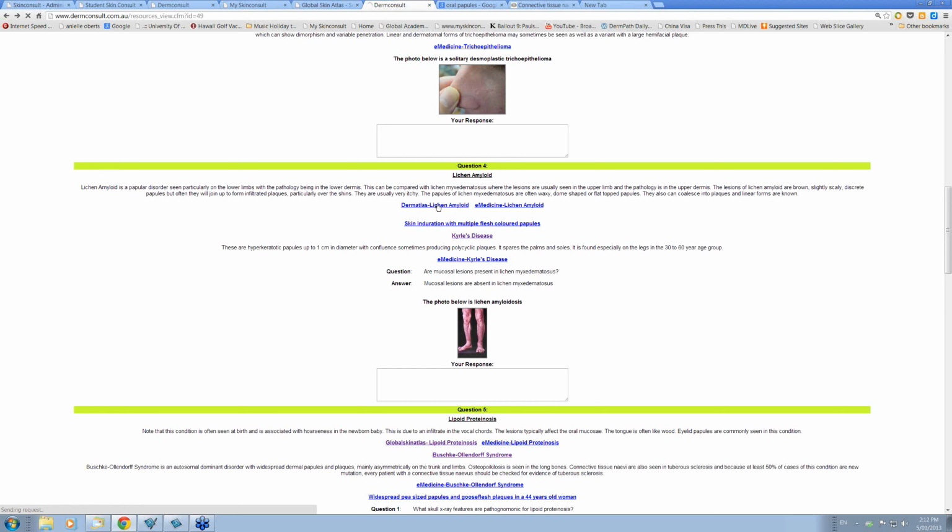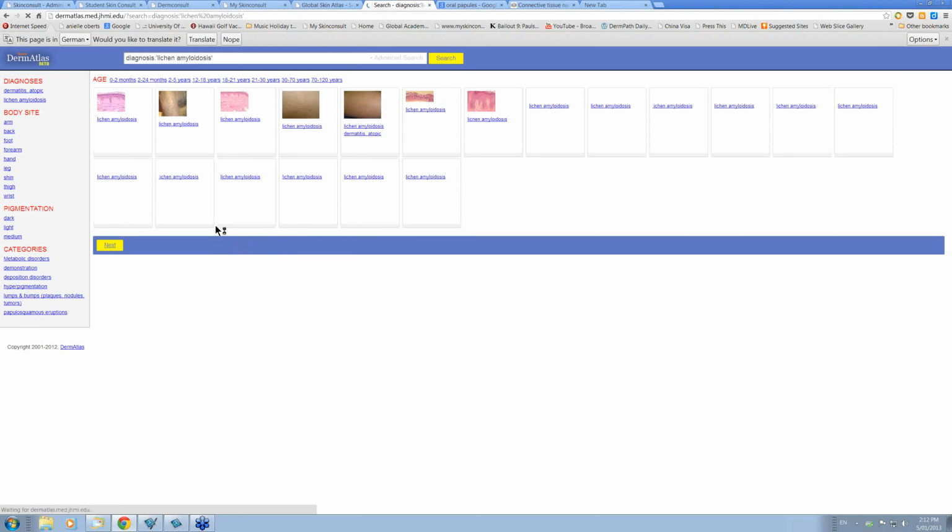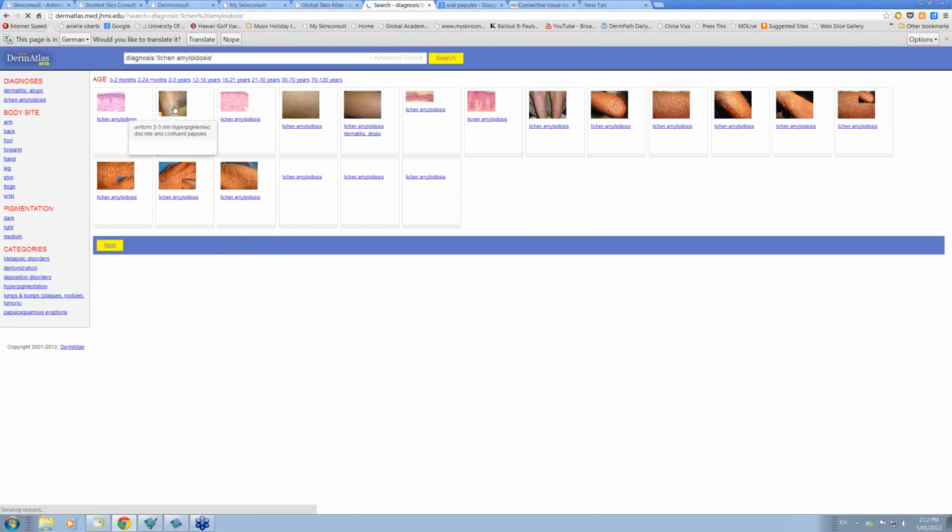This was another example from DermAtlas, I think, of lichen amyloid. That's a little glance. Okay, this was the example they had here.